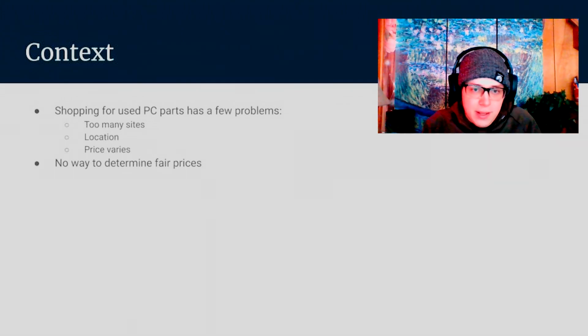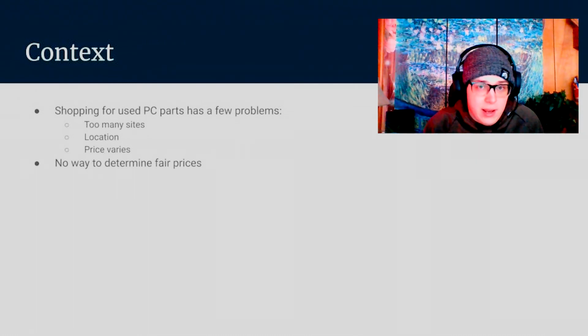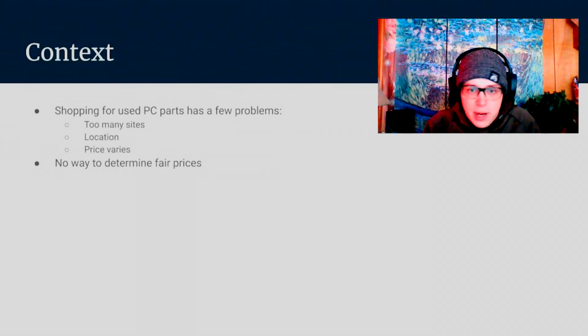The third problem is the price. The price can vary from website to website, of course, and of course it will vary over time. A good example of real world prices: when cryptocurrency mining was at its peak, it actually made graphics cards artificially expensive, meaning you were paying over MSRP for a second-hand graphics card.